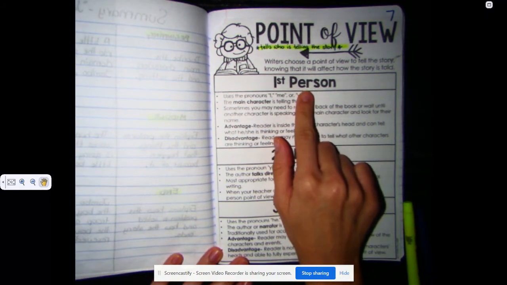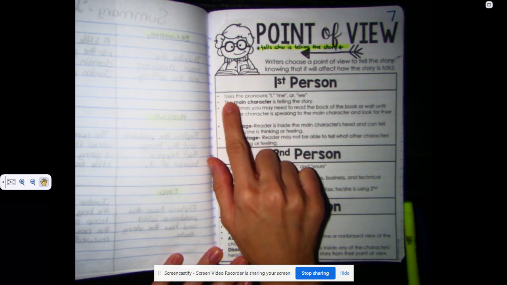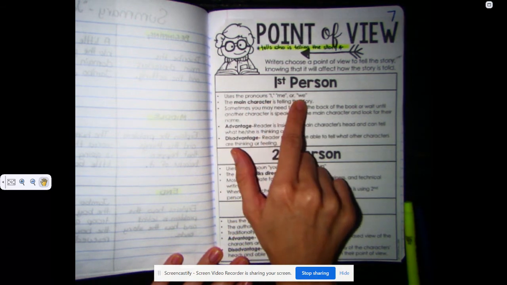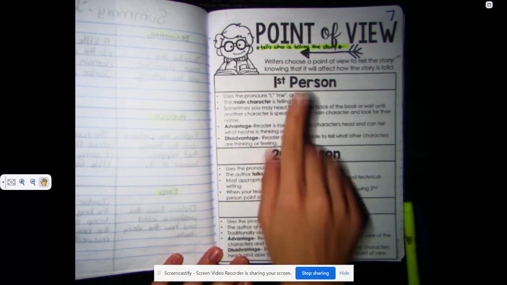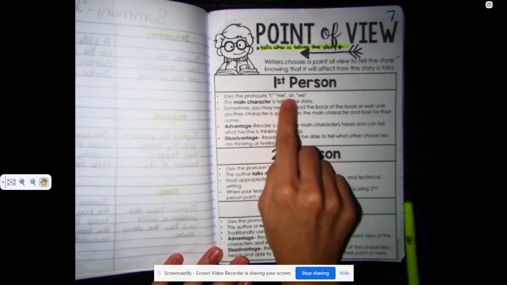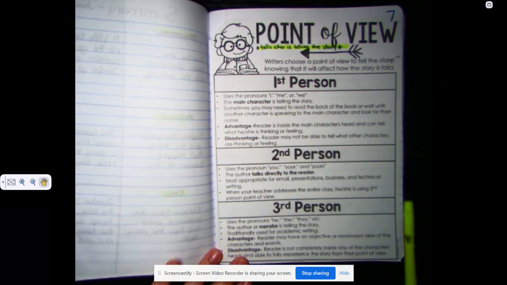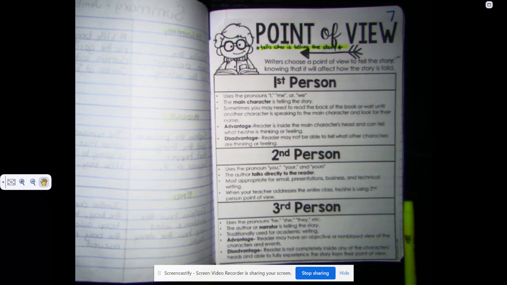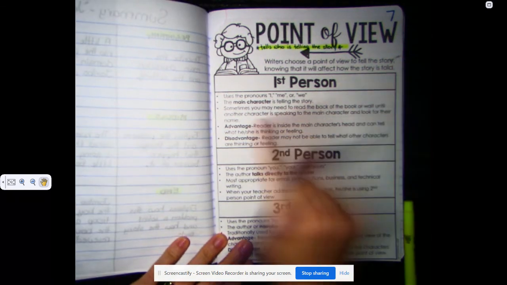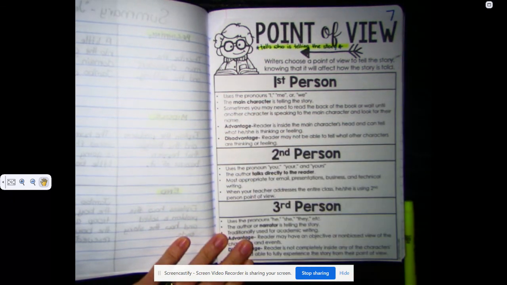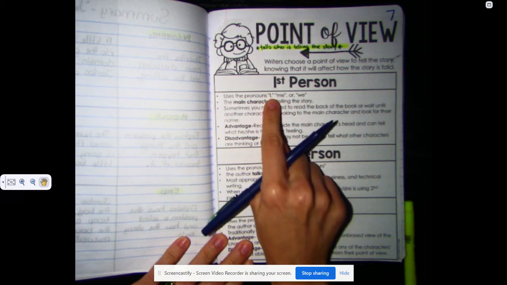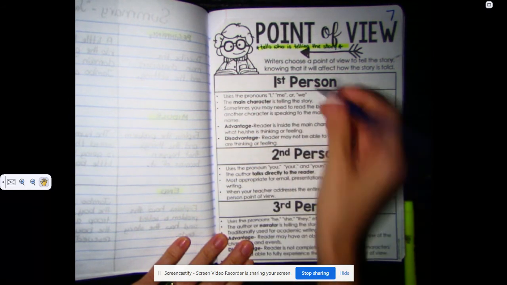Let's start off with first person. Uses the pronouns I, me, or we. So when you're reading the story, you're going to hear that they're saying I, me, or we because the person telling the story is going to be the main character. Okay? I want you to be very careful because dialogue does not count.